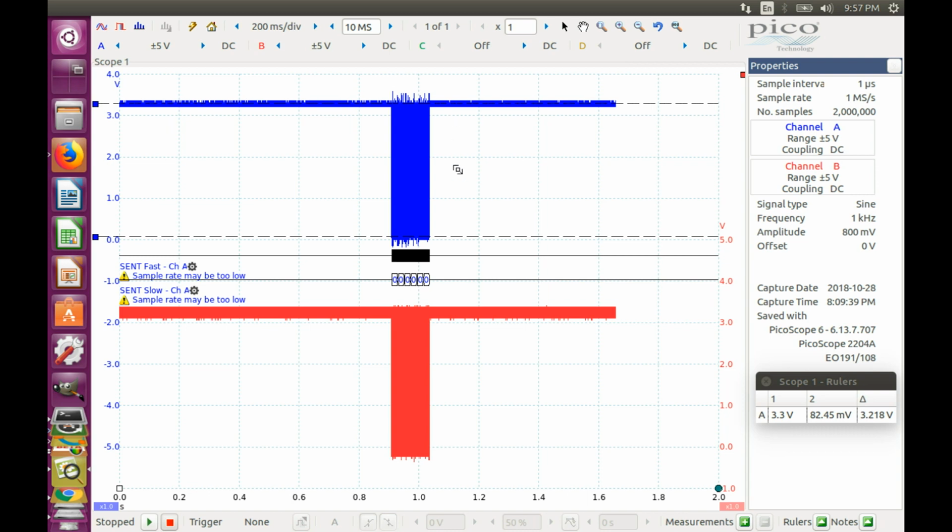Now, what we see here is that the Picoscope collected a number of packets transmitted, and at this zoom level it's just one big blur, so we will have to zoom in a lot to see what's going on inside. So let's do just that.